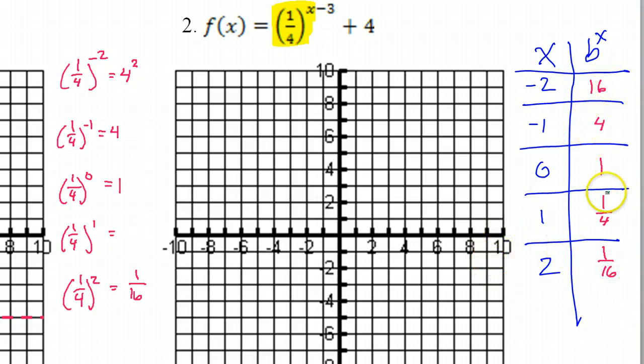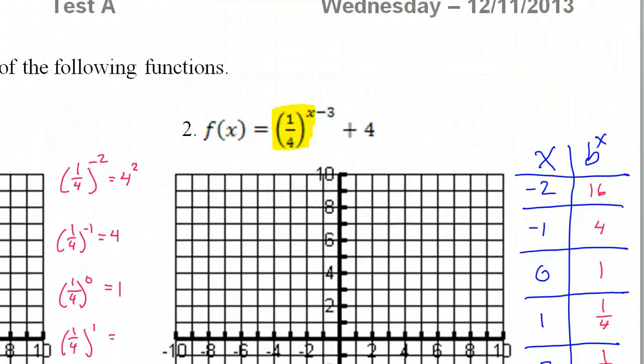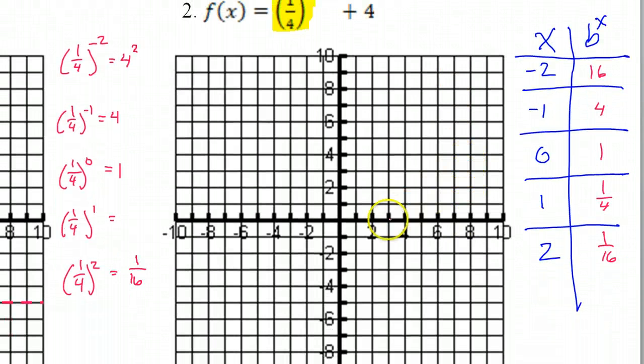So let's graph these, even though this is not the real function, not the final function. Negative 2 is at 16, which is off the charts, but I will fake it. It's about somewhere like there. At negative 1, we're at 4. At 0, we're at 1.